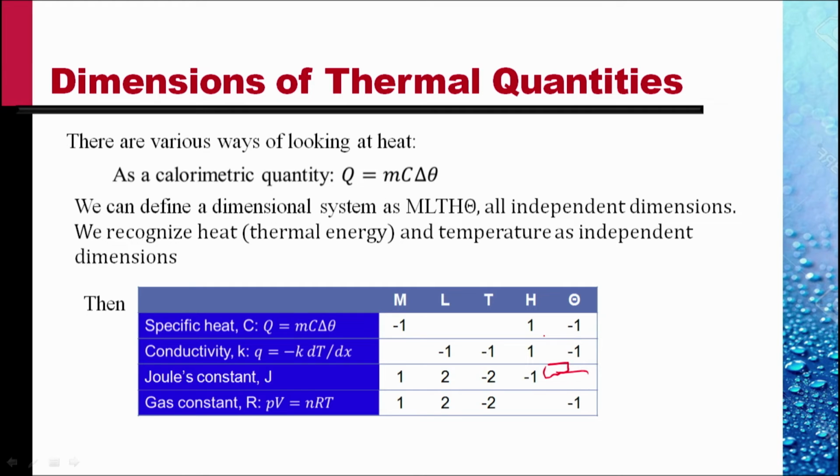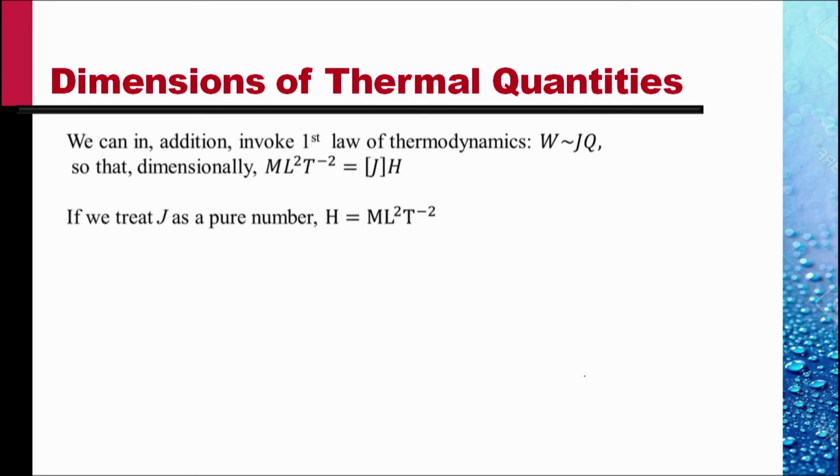Similarly, the dimension of the gas constant R is obtained from PV equal to nRT, n being the number of moles. Now, we can complicate this a little bit. If we invoke additionally the first law of thermodynamics, that is, the work is J times Q, so dimensionally, the energy in both forms, W and Q, have the same dimensions, M L squared T minus 2.